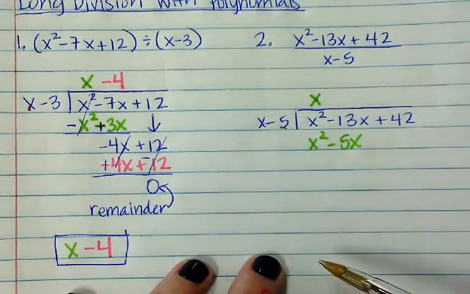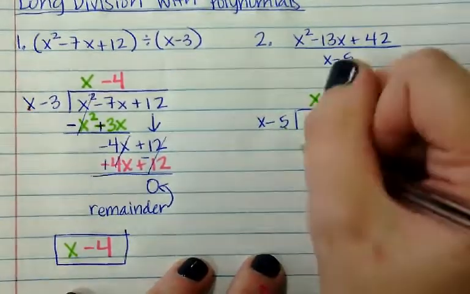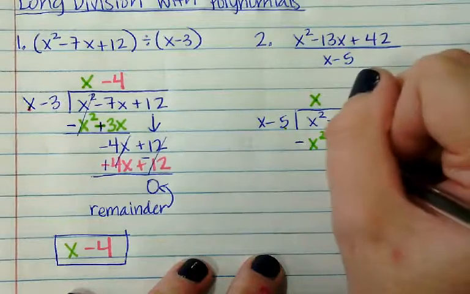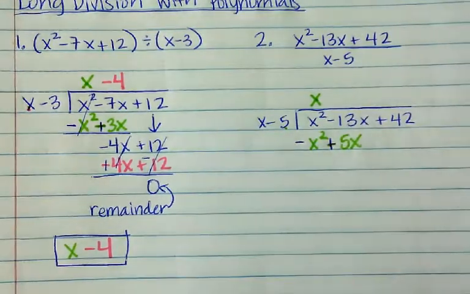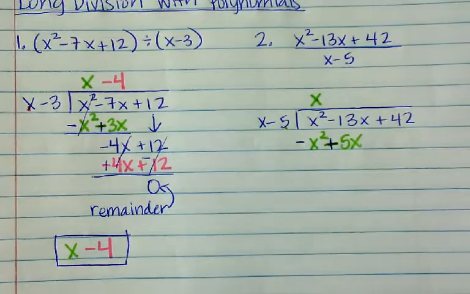So guys, you subtract your x squared, and that means that we are going to add the 5x, right? Because it was a minus 5x, but when you subtract it, it becomes a positive 5x. So then we bring this down.